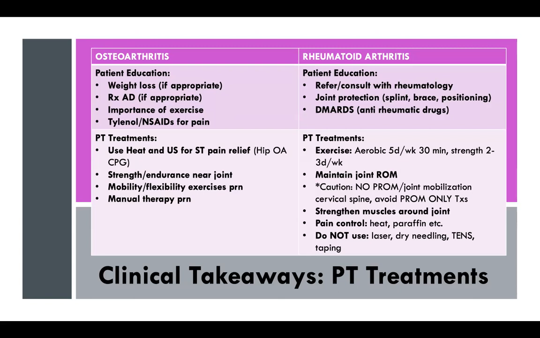The differentiating factor that we usually think of is that in the presence of osteoarthritis, those individuals usually have a resolution of stiffness within the first 30 minutes to an hour upon waking. So stiffness that doesn't last longer than an hour is more indicative of osteoarthritis versus rheumatoid arthritis. Some of that stiffness caused by inflammation can persist greater than an hour.